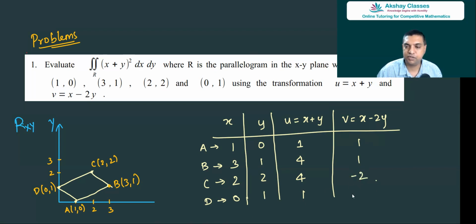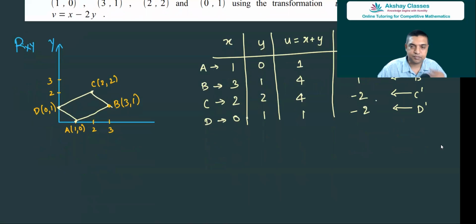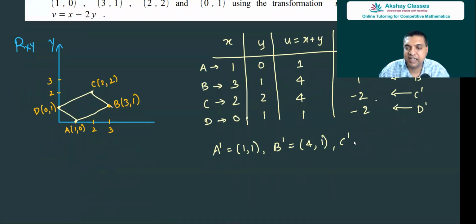And 0 minus 2 will be minus 2. So this is the transformed coordinates. So transformed coordinates A dash, B dash, C dash, D dash. Now A dash is equal to 1 comma 1. B dash, the transformed coordinates, UV is 4 comma 1, C dash is 2 comma 4, and D dash is 1 comma 1.